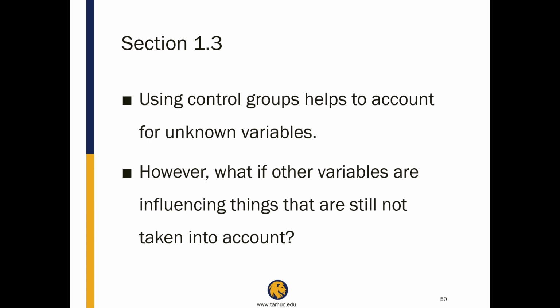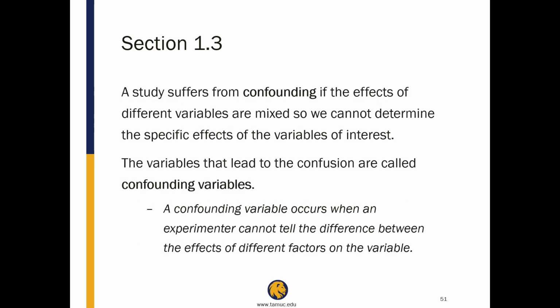But in most situations, there are a lot of variables that could influence the outcomes. And when this happens and it's not taken into account, a study will suffer from what's called confounding. A study suffers from confounding if the effects of different variables are mixed so that we cannot determine the specific effects of the variables of interest.